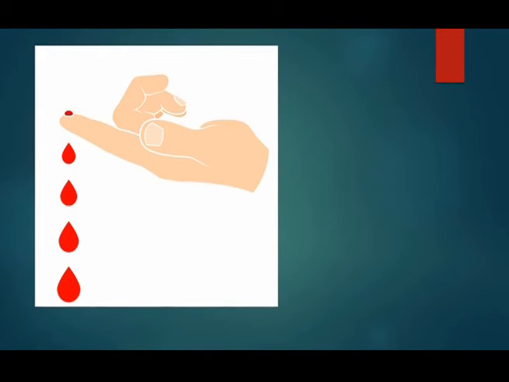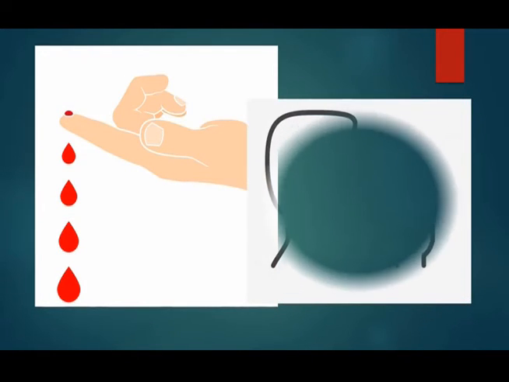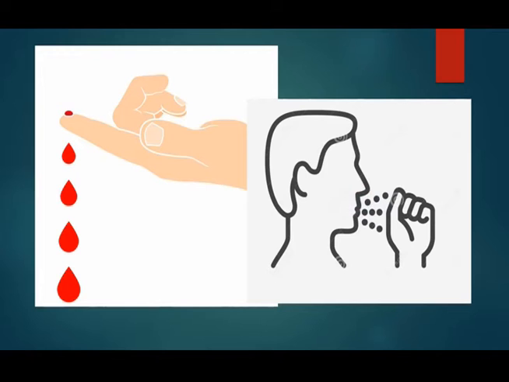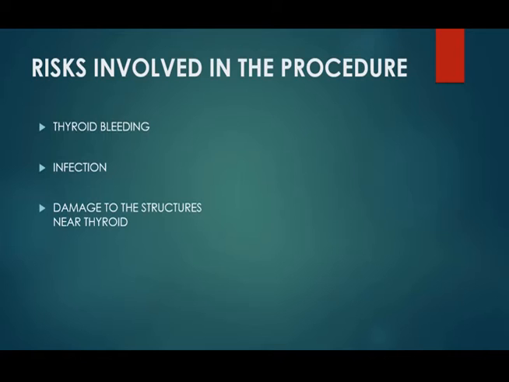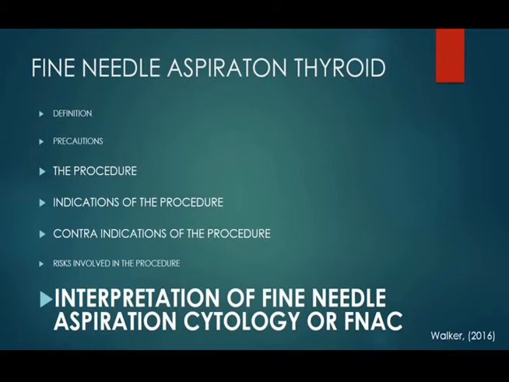Contraindications of the procedure: bleeding diathesis, uncooperative patient, and those patients who cannot suppress the cough. Risks involved in the procedure are thyroid bleeding, infection, damage to the structures near the thyroid such as damage to the recurrent laryngeal nerve and the superior laryngeal nerve.